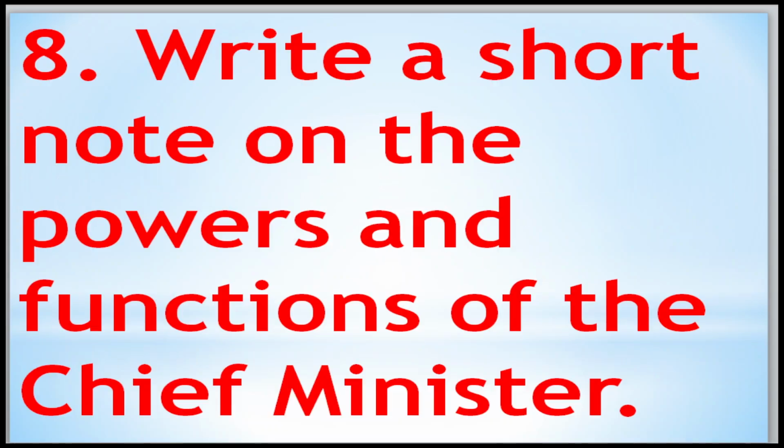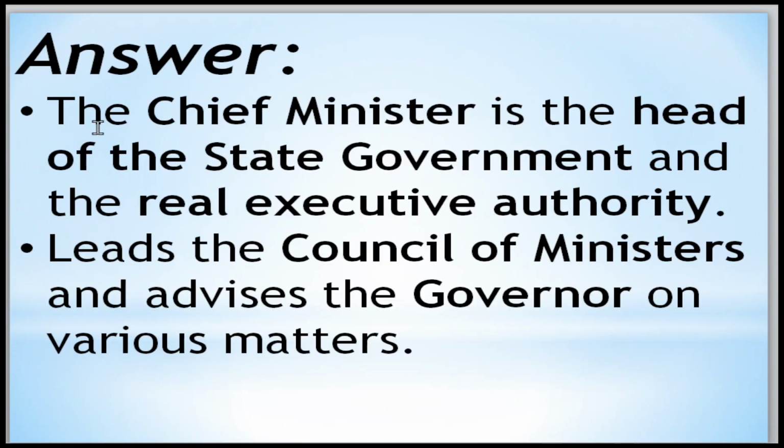Okay, now move to the eighth one, the last question. Write a short note on the powers and functions of the chief minister. The chief minister is the head of the state government and the real executive authority. First point: he leads the council of ministers and advises the governor on various matters.